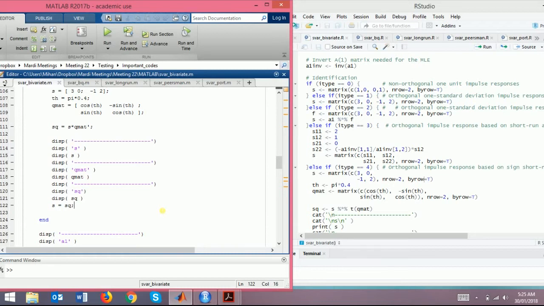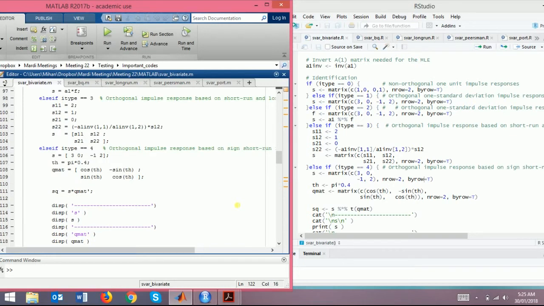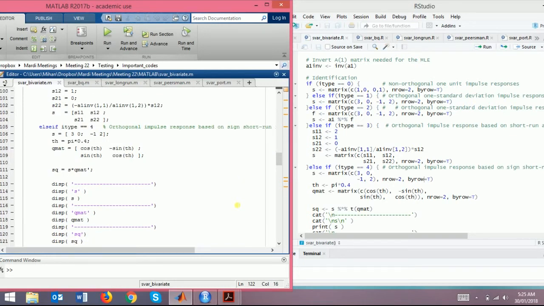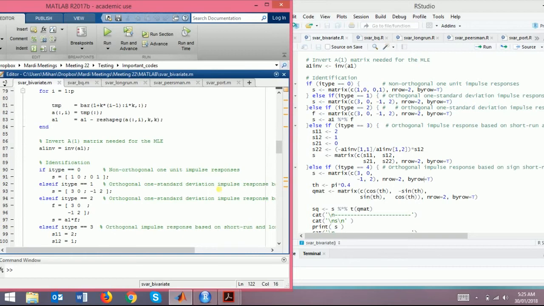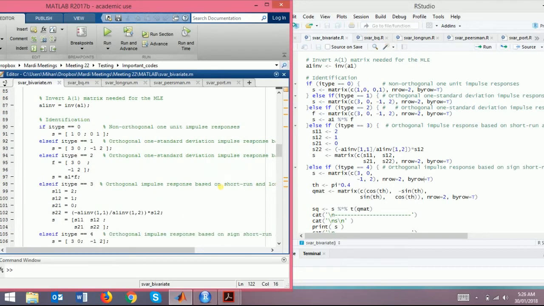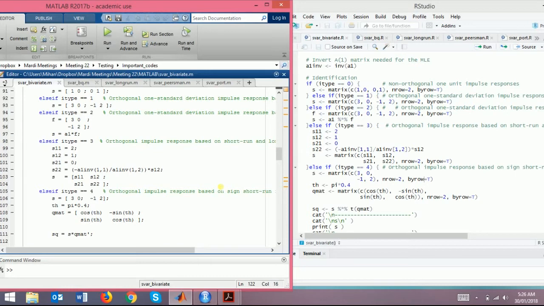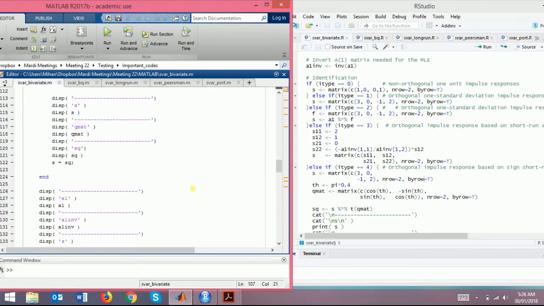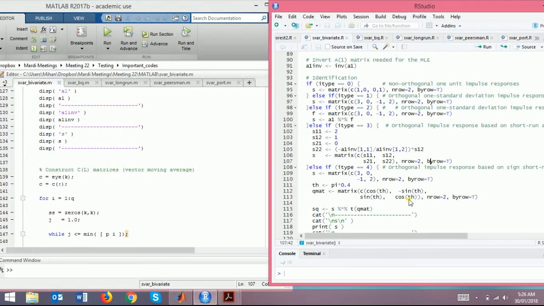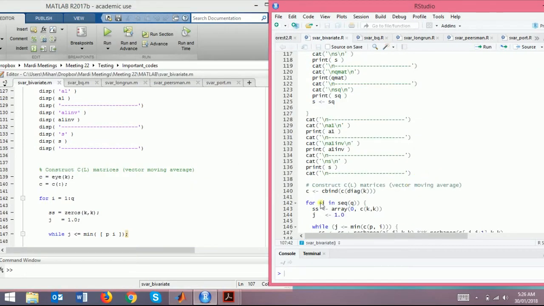We just placed them inside, and then we did 1 minus phi 1L to find phi L. So that was a bit difficult, but it's easy to grab when you continue to follow. And then we just did invert to use for maximum likelihood estimation. We are setting identification, the second stage, and then there comes the next part.